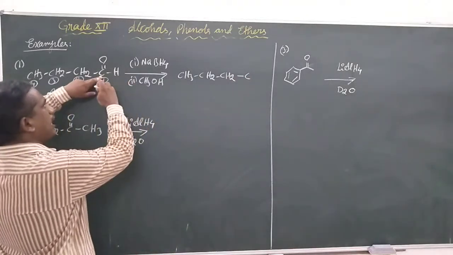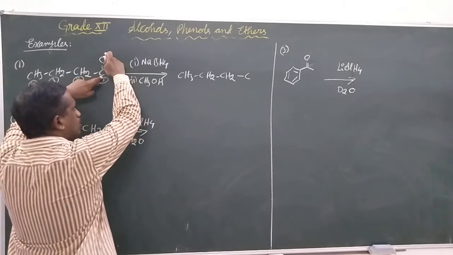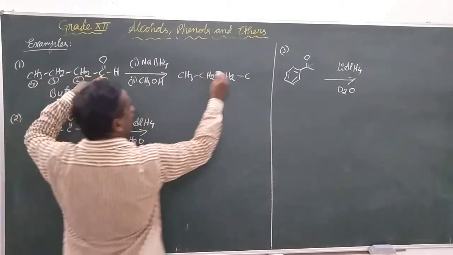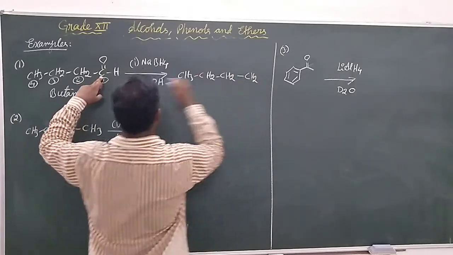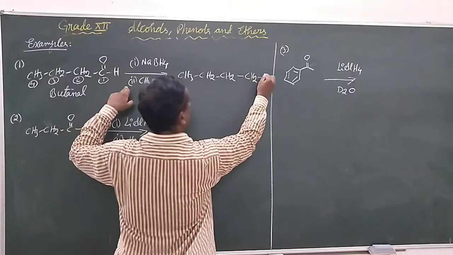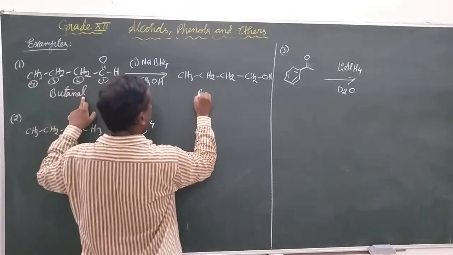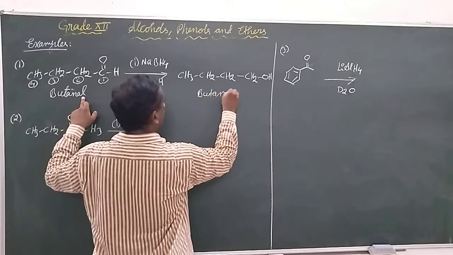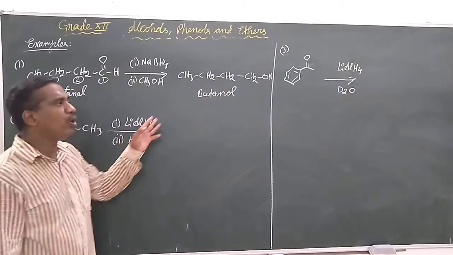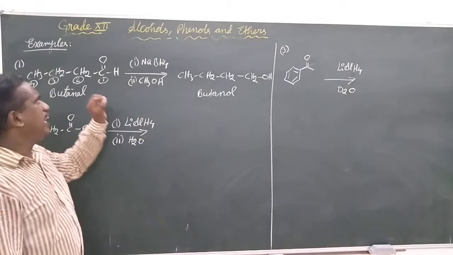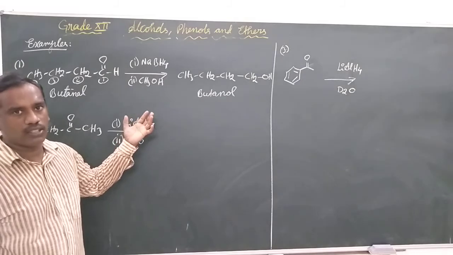As already explained, one hydrogen will be added to the carbon, another hydrogen will be added to the oxygen from the methanol. So here we are getting 2 hydrogens on this side and an OH group. So butanal is converted to butanol using sodium borohydride in the presence of methanol as the solvent.